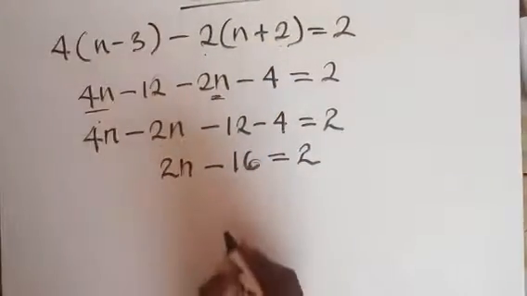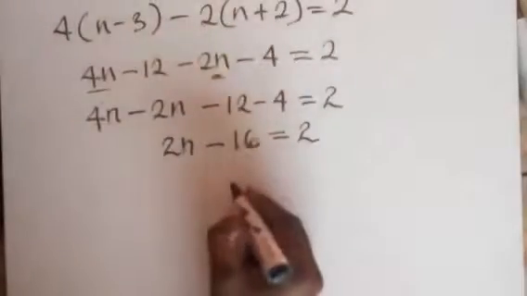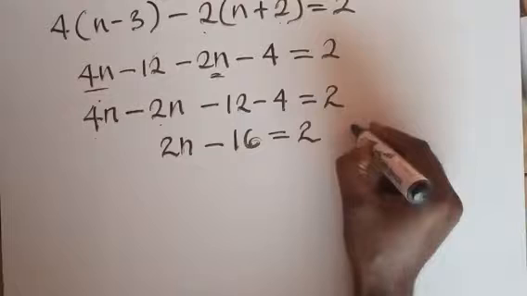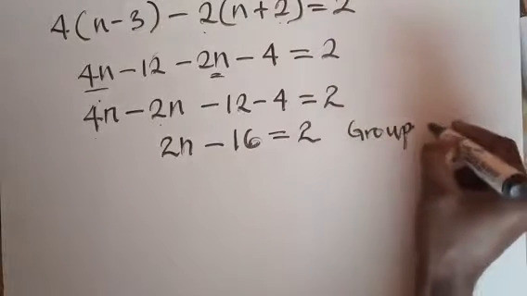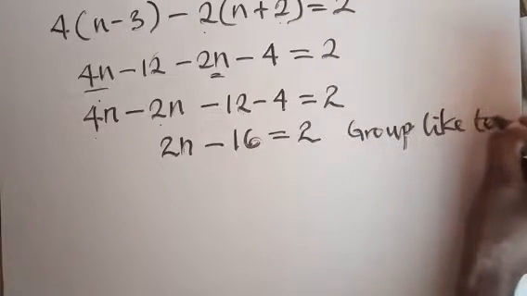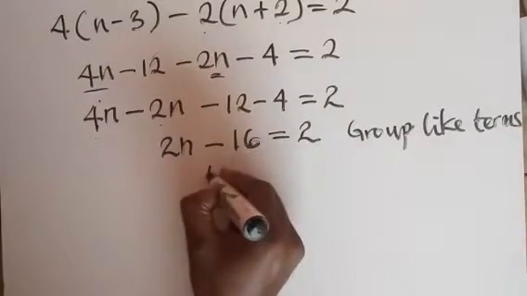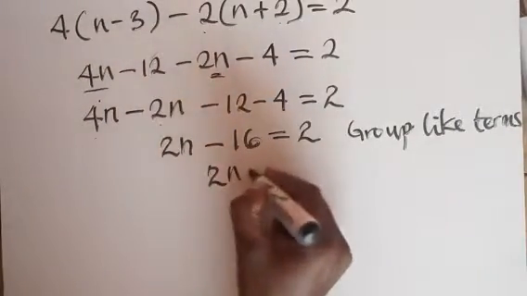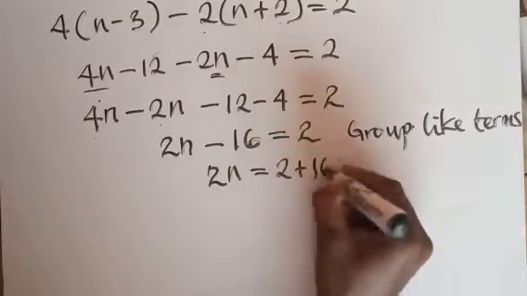So I want to find n, so I have to let the 16 cross the equal sign. That is, we group like terms. So grouping like terms, so I've got 2n equals to 2 plus 16.